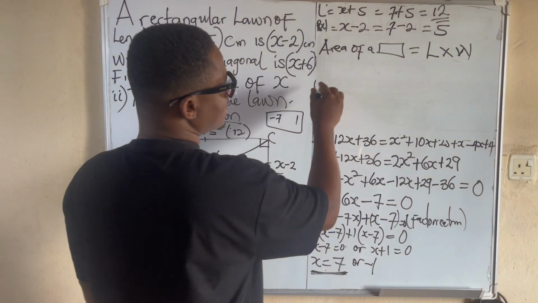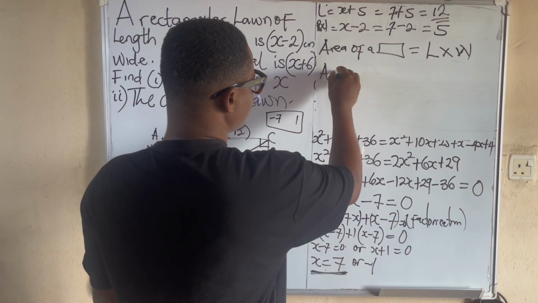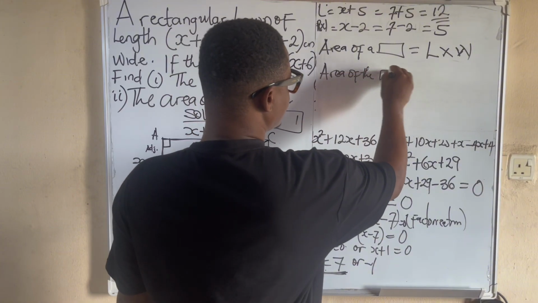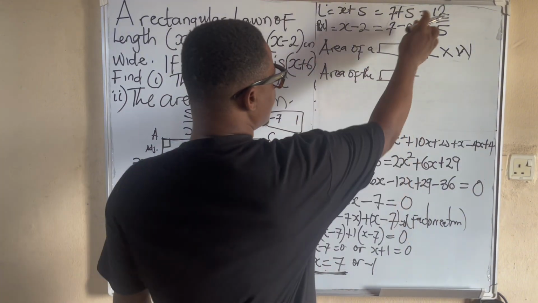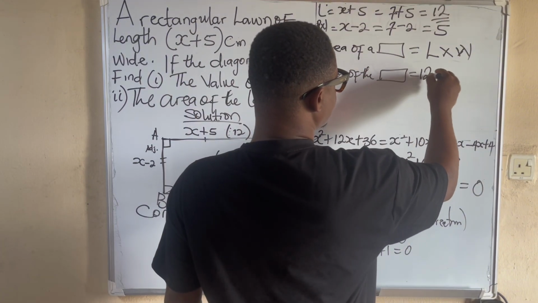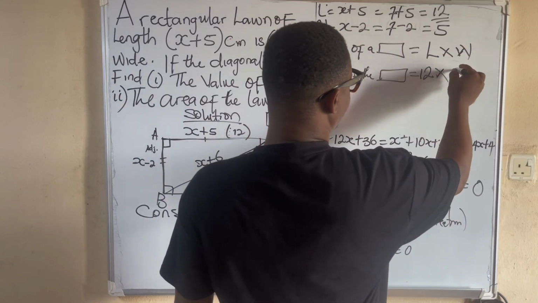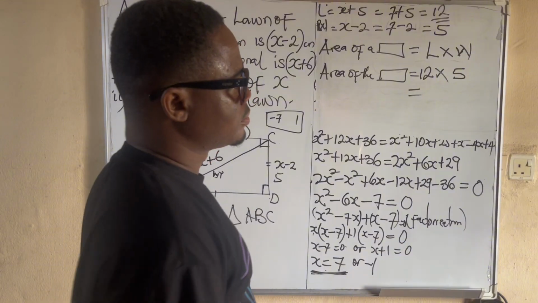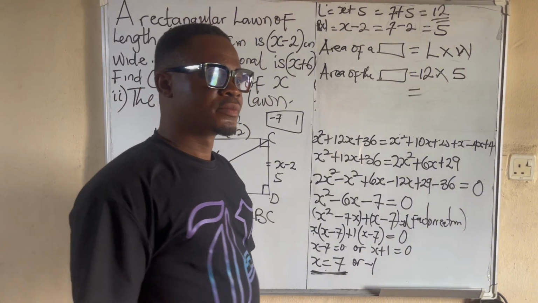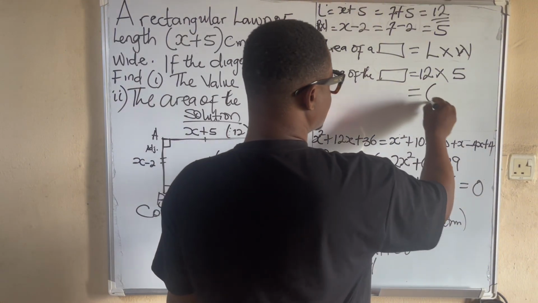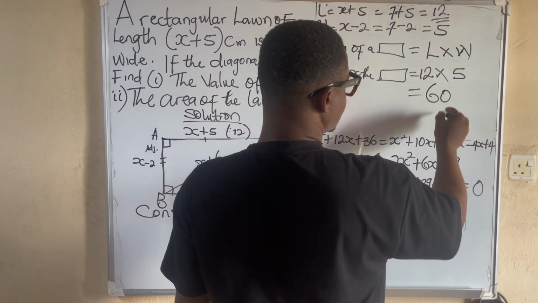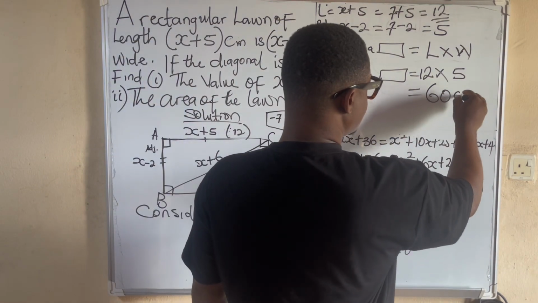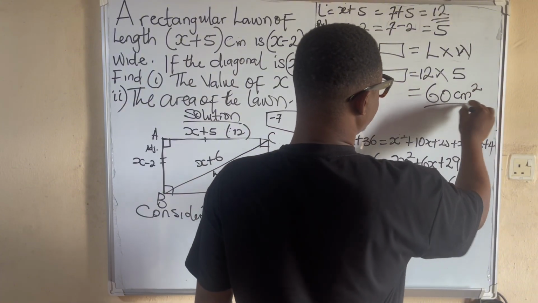So this means that the area of the rectangle will be equal to the length, 12, times the width, 5. So what is the value of 12 times 5? 12 times 5 should give us 60. And the unit is in centimeters, so we have cm squared.